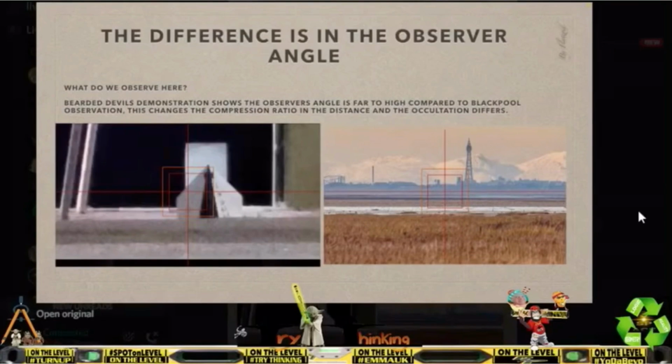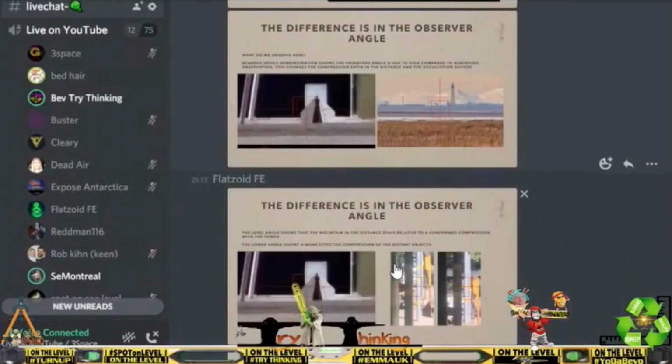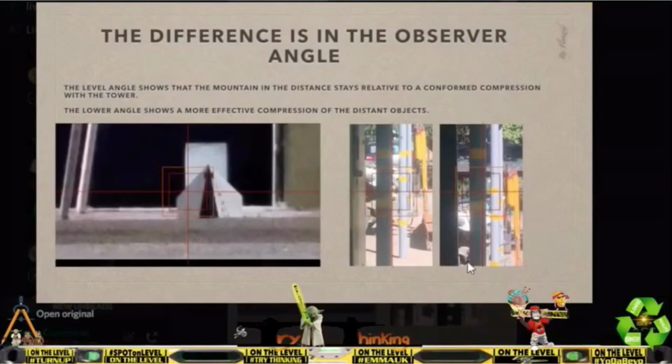Yeah. And then I got the last slide, the one just underneath that one. Difference in the observer. And it's just me comparing again, to show you the bit of poles when they put level to each other. The ones with the lower angle looking up, and the one is level, looking level at it.